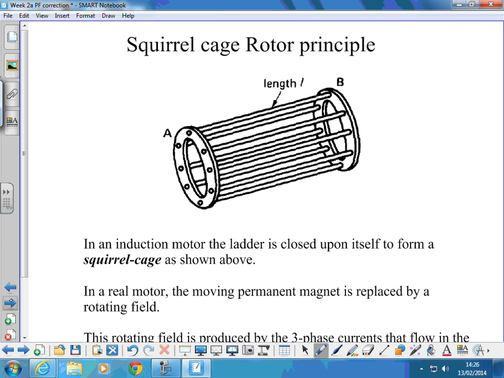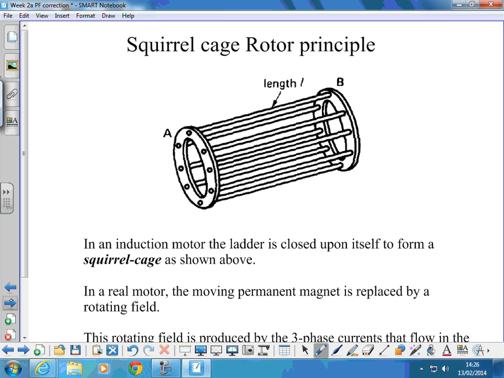I haven't gone into that detail, but they use different materials for the bars depending on what characteristics they want out of the motor. But if you need to study induction motors for your assignment, that might be some material you'll go out and find for yourselves.